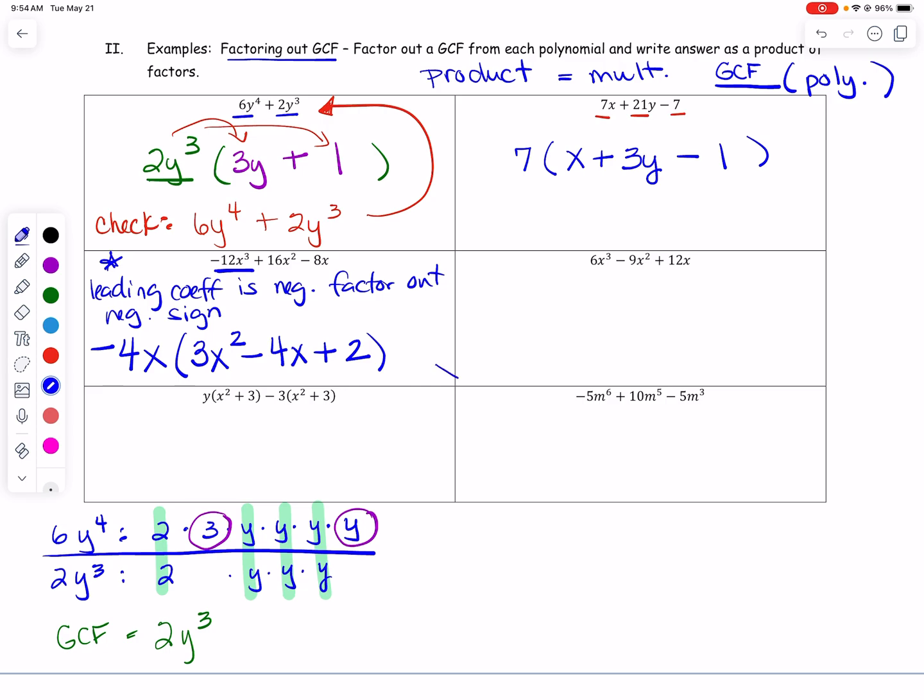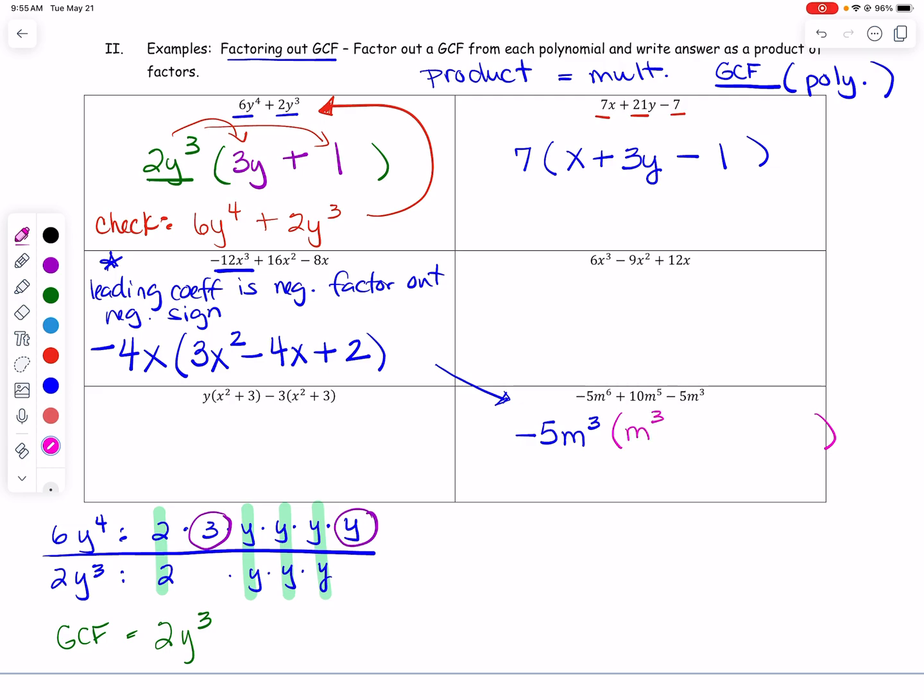So let's go down to this one right here, because this one is very similar. This one has a leading coefficient of negative. And so when I look at that, I am going to pull out a negative 5 because they all have a 5. And I'm going to pull out m to the third. And so now when I write my remaining polynomial, negative 5m to the 6th divided by negative 5m to the third is positive m to the third.